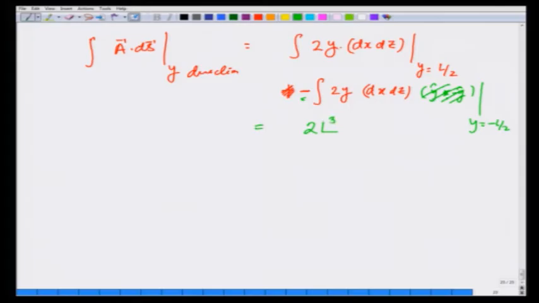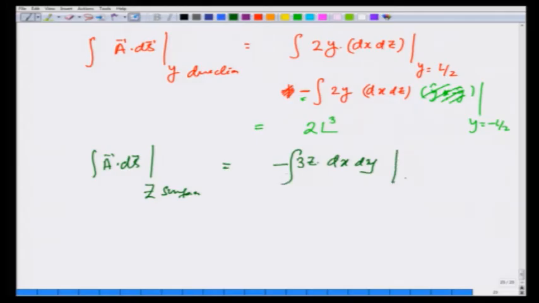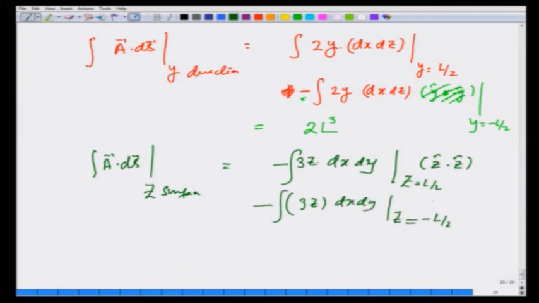And how about then finally A dot ds for the z surfaces, which is nothing but minus 3z, and you are going to have dx dy. At z equals L by 2 it is going to be z dot z, minus 3z dy, and at z equals minus L by 2 it is going to be z dot minus z.